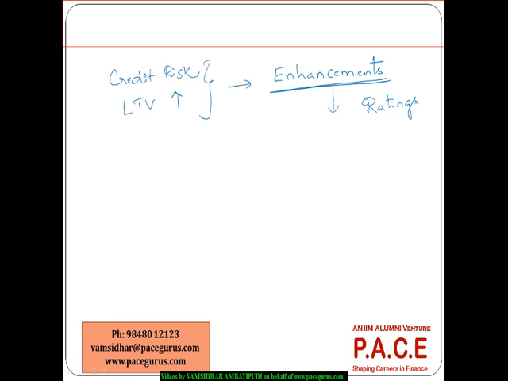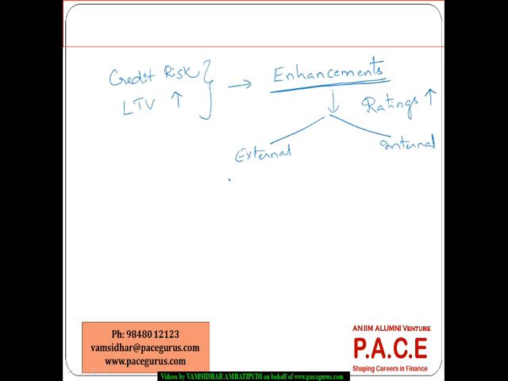They are going to improve the credit ratings of the MBS. So depending on the credit rating expected for that MBS, appropriate credit enhancements need to be provided. And what I typically see is that some of these enhancements are external in nature and some of them are more internal.